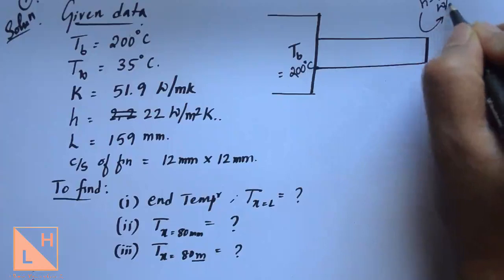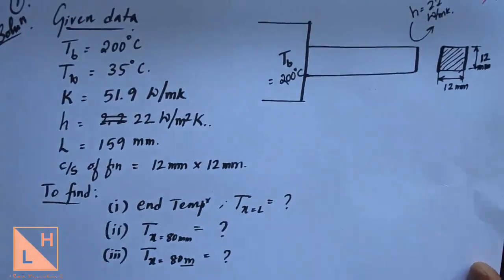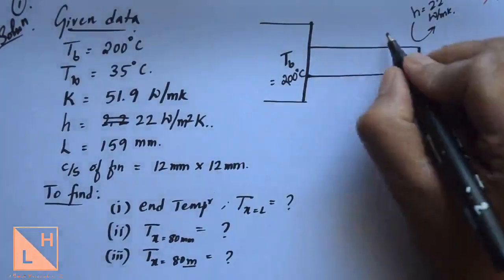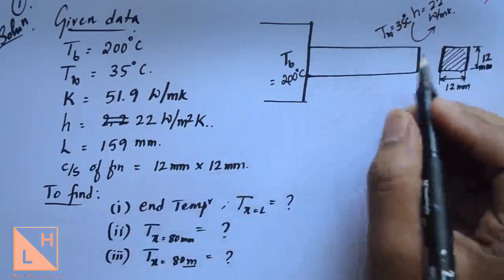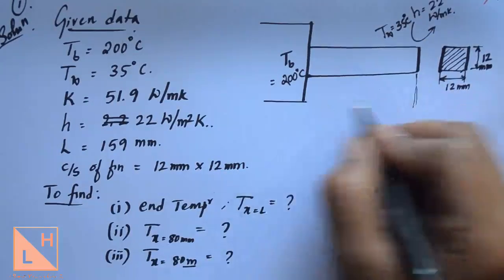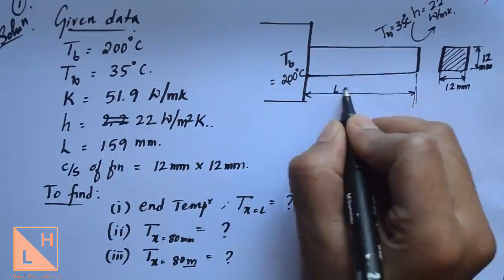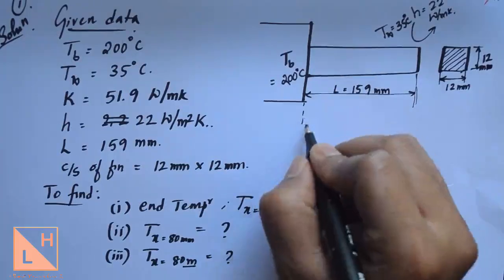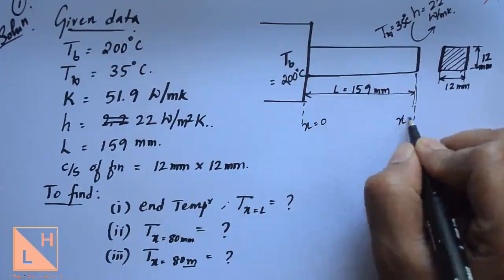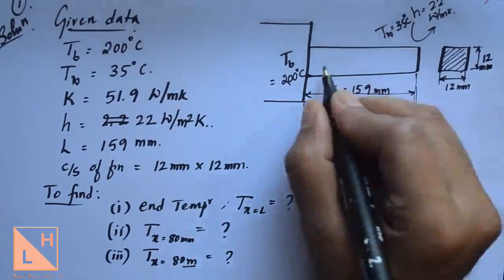The length of the fin is also given here as 159 mm, which means that the fin can be considered a short fin because the length is mentioned. So we have the boundary of the fin from x equal to 0 to x equal to L, and the length varies from 0 to 159 mm.